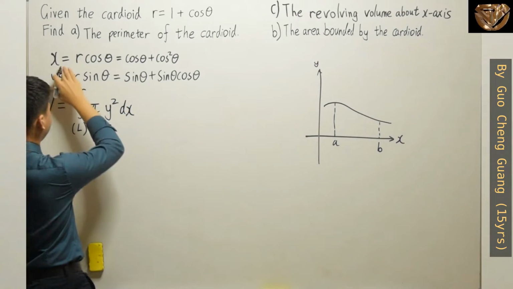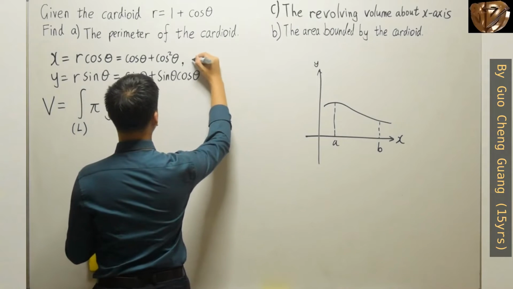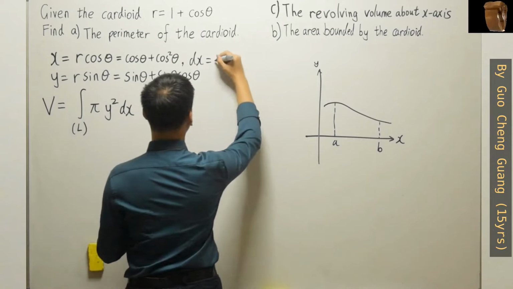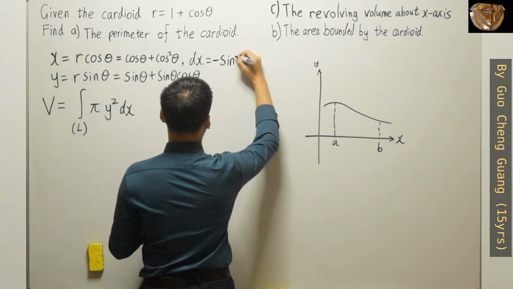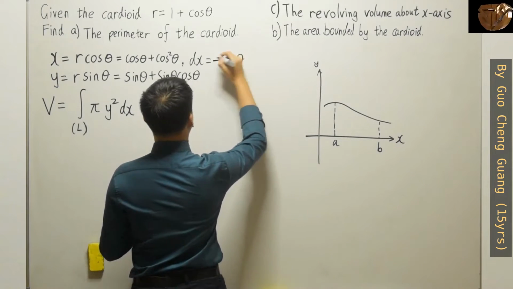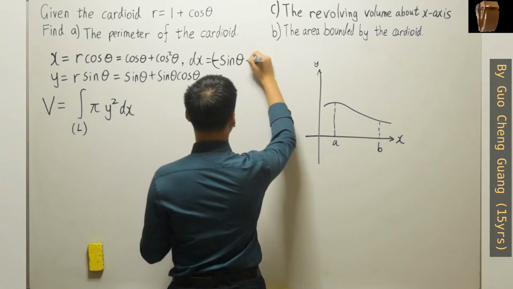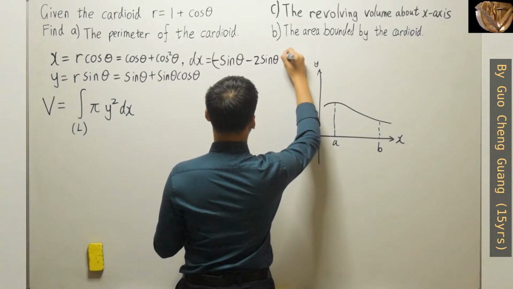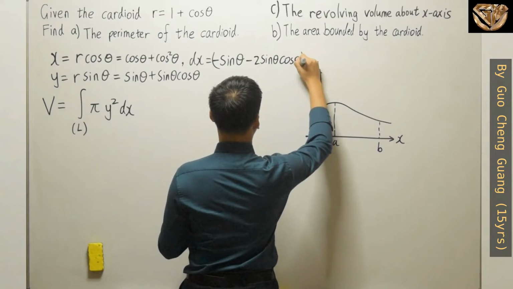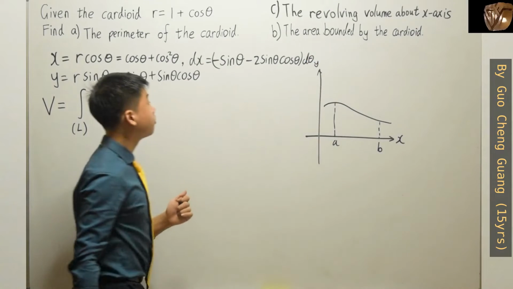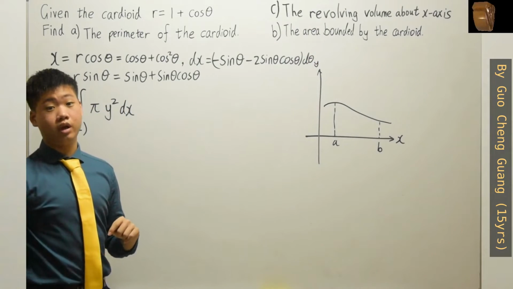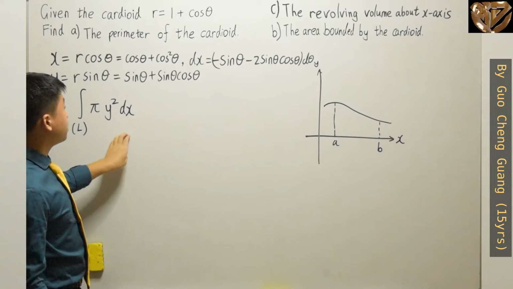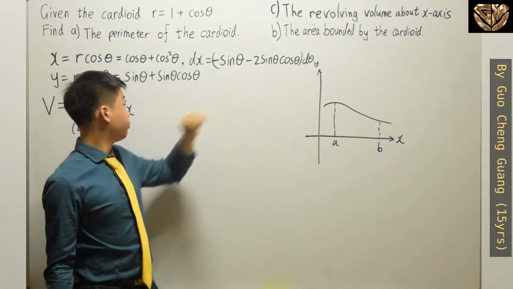That means we need to find dx. So dx in terms of d theta will be negative sine theta minus, by the chain rule, 2 sine theta cosine theta d theta. So this is what you're going to have when you change dx. So y you change to this, and dx you have this part over here.